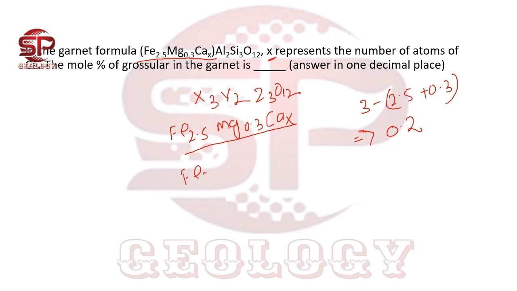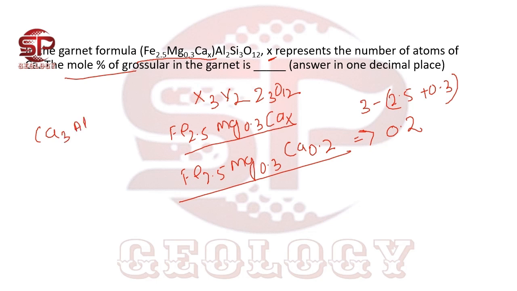It will be Fe 2.5 Mg 0.3 Ca 0.2. We have to calculate the mole percentage of grossular, which has a composition of Ca3Al2Si3O12. Here Ca is not 3, it is 0.2.